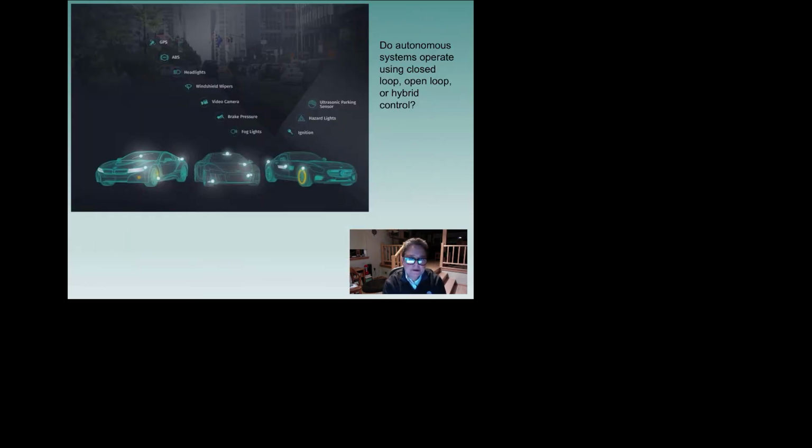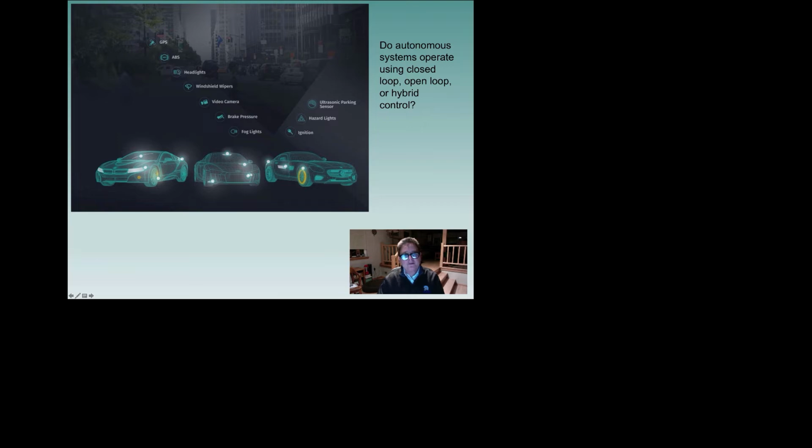Here you see a proposed or an existing mock-up for sensors on a car. Possibly these are autonomous vehicles, in other words, self-driving cars. Notice all of the various sensors that you have on these cars, and this would be an example of what you might see in a heads-up display.